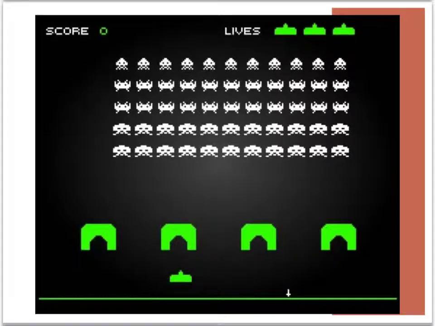Stepping back to our Space Invaders example, we have lots of different things interacting on the screen. Lots of invaders, each of which has to pay attention to its location, its velocity, its animation state.